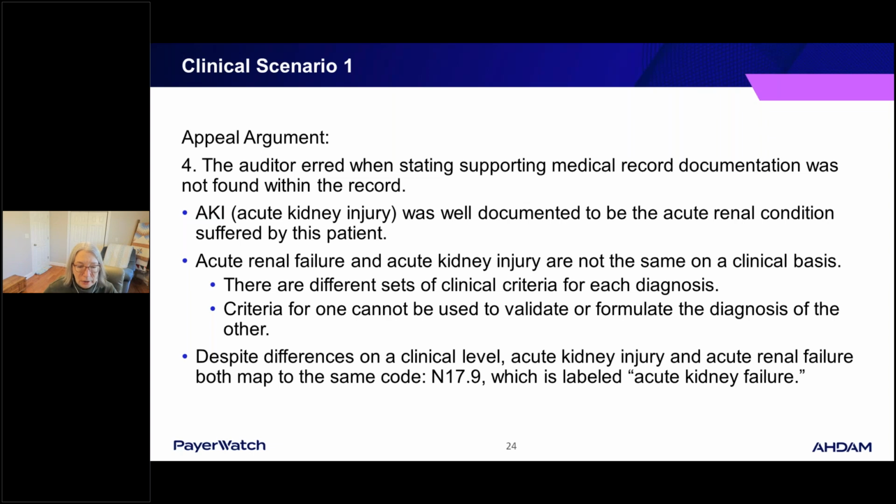There are different sets of clinical criteria for each diagnosis, and one cannot be used to validate the other or formulate a diagnosis of the other one. But despite differences on a clinical level, acute kidney injury and acute renal failure both map to the same code, N17.9, which is labeled acute kidney failure. So we're walking the payer through why it was appropriate and how it was clinically supported to have this on the claim.